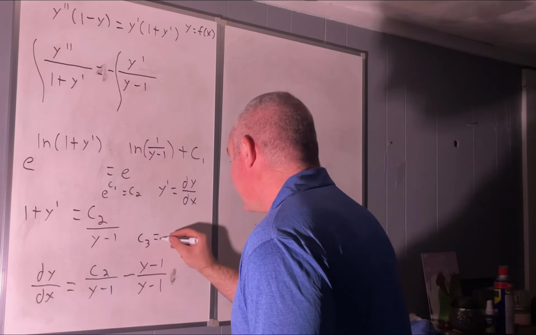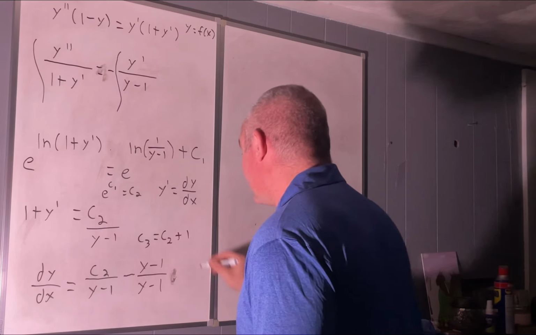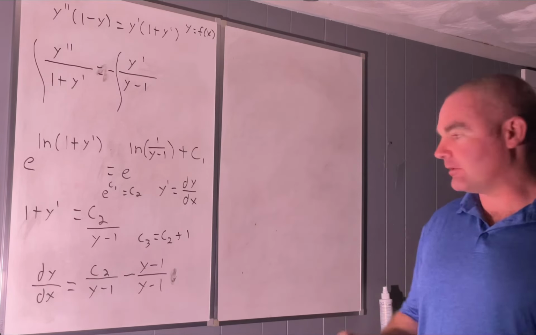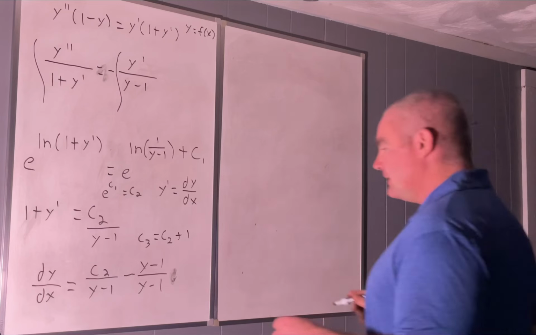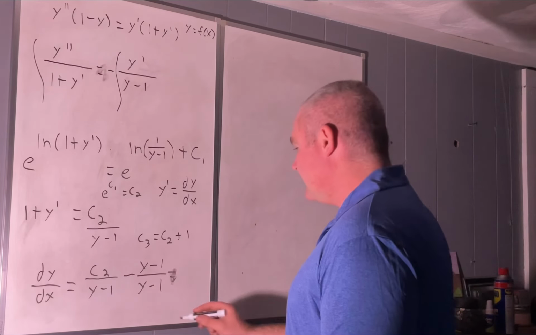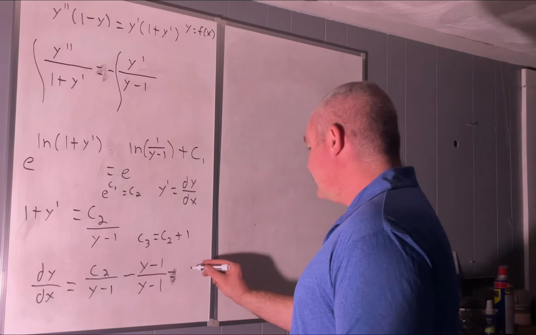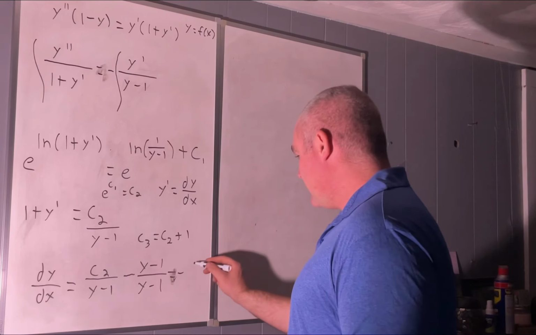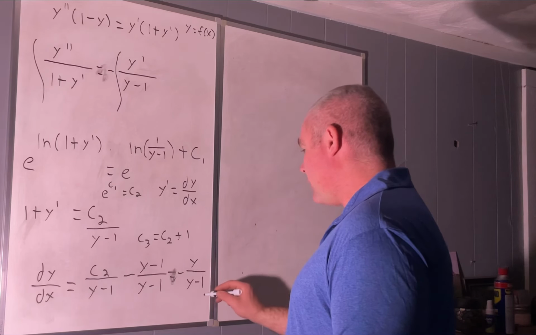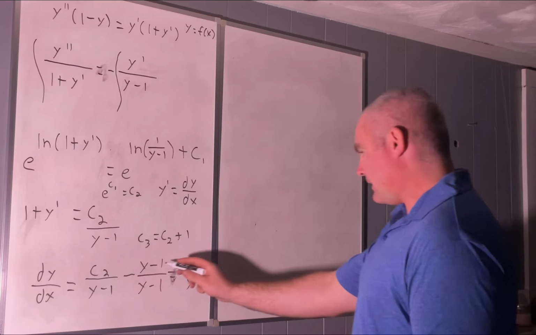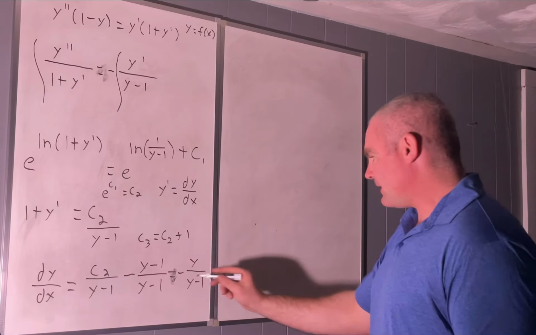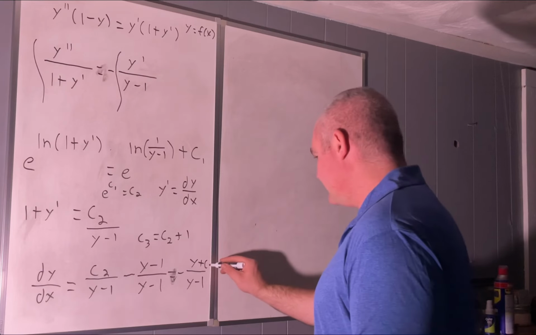We're going to let that equal c2 plus 1. So we can bring this c2 and minus 1 together into just one constant. That will give us negative y over y minus 1. But this is actually c2 plus c3. So this is still going to be a plus c3.